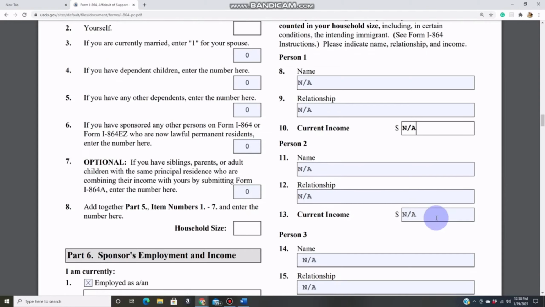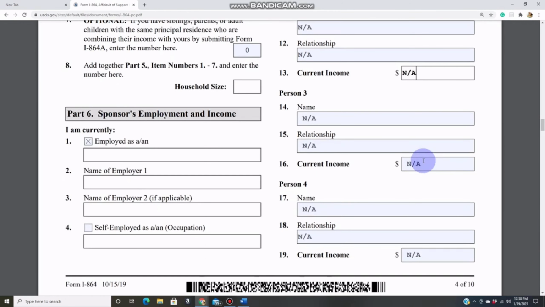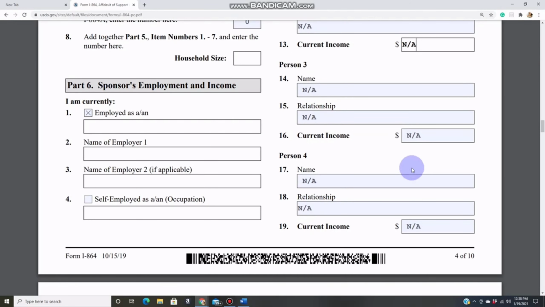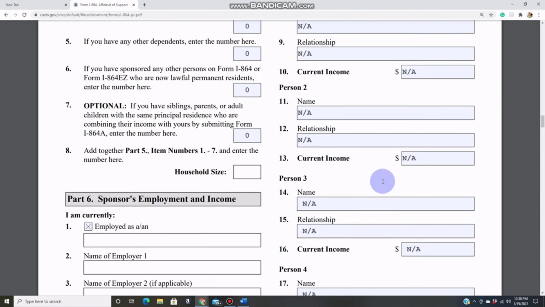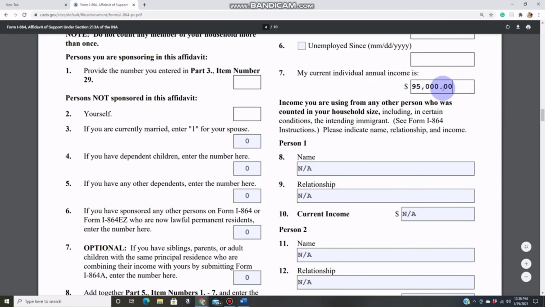And item number 13, I write in A again, so this will be 0. Item number 16, I write in A, so this will be 0. And item number 19, I write in A. So the total annual household income will be 95,000 US dollars.